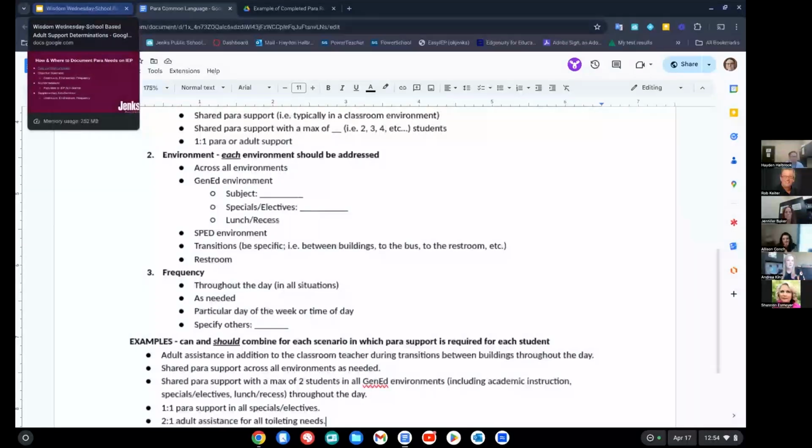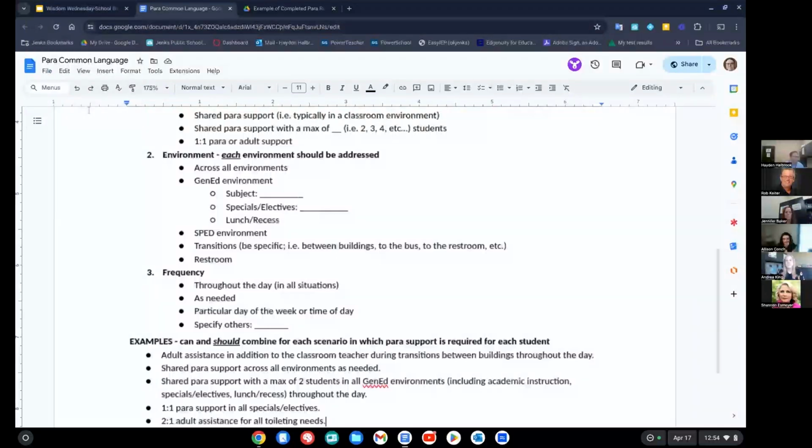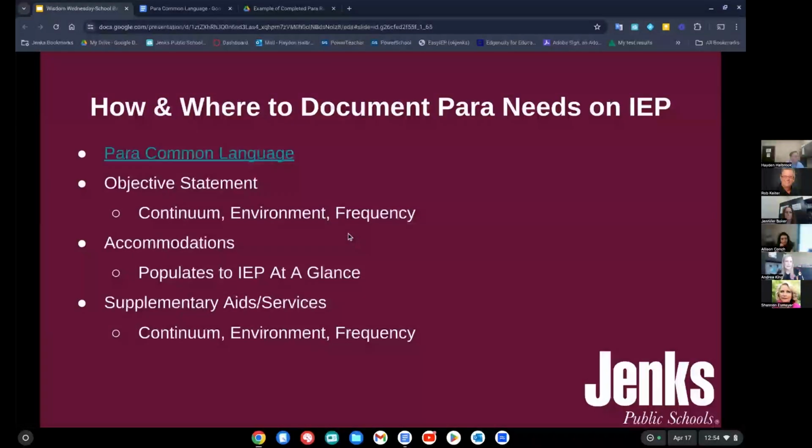Yeah. So let's say a student, the team determines needs para support. I'm looking at the next slide for how and where to document the needs. So on the objective statement, we asked teams to list the continuum, the environment, and the frequency.